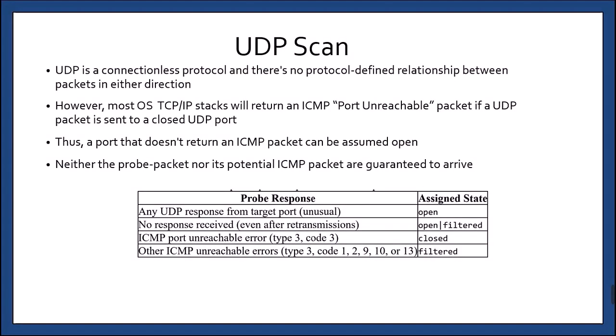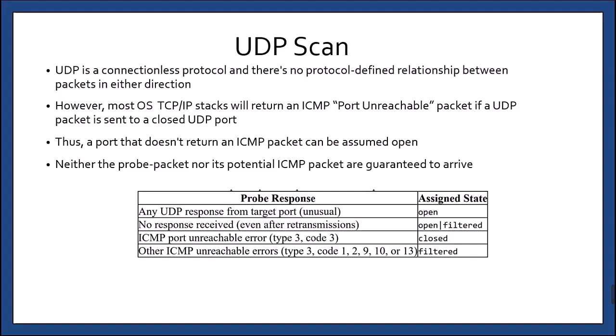UDP is a connectionless protocol, and there is no protocol-defined relationship between packets in either direction. However, most OS TCP/IP stacks will return an ICMP port unreachable packet if a UDP packet is sent to a closed UDP port. Thus, a port that doesn't return an ICMP packet can be assumed open.